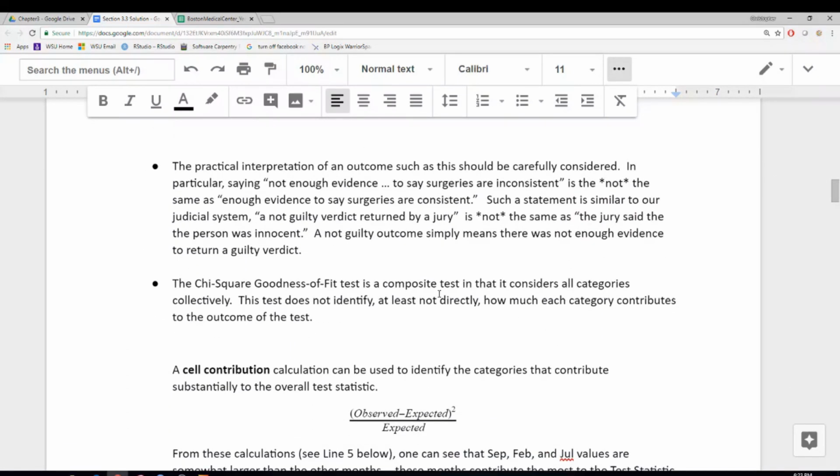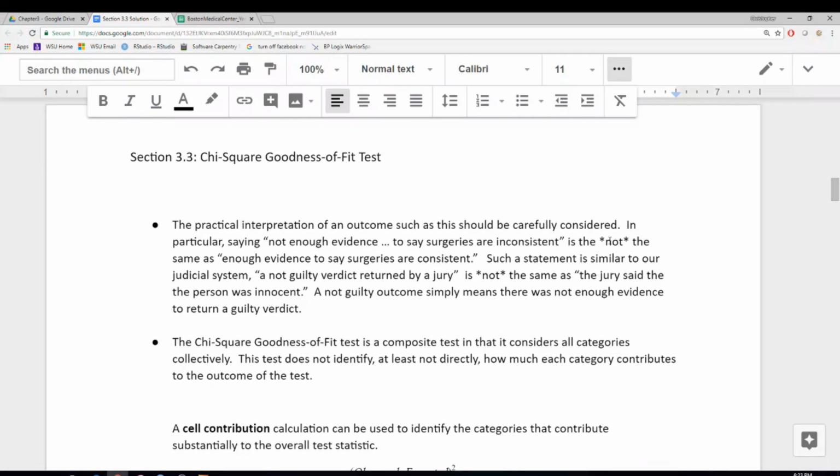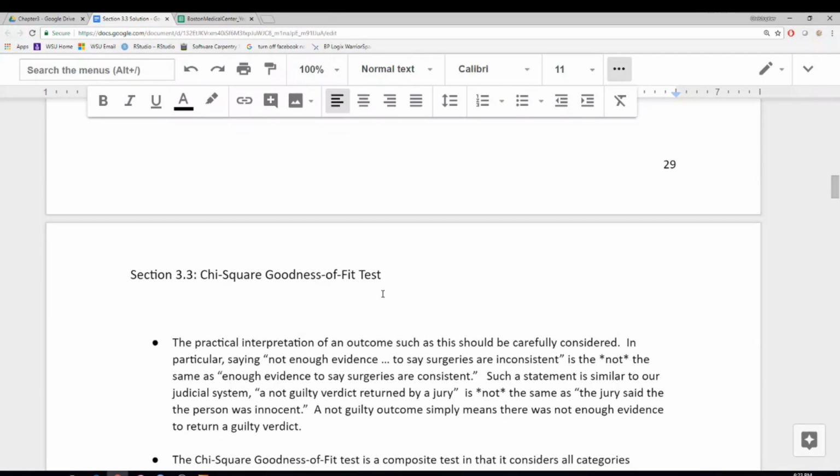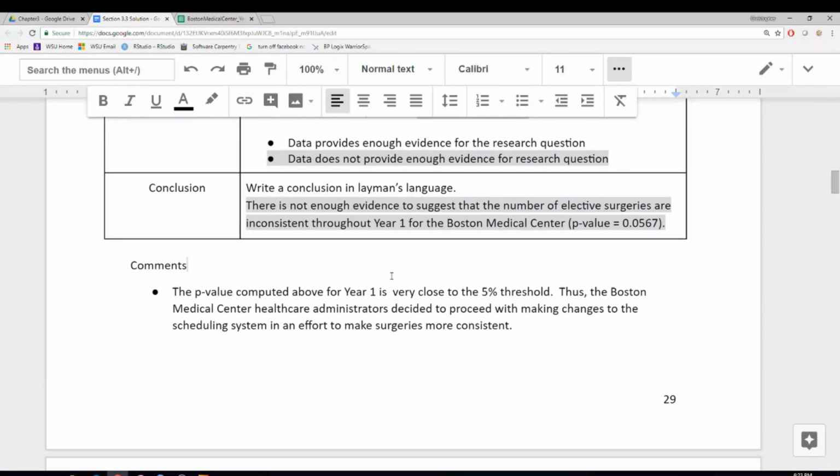Other comments. The practical interpretation of an outcome such as this should be carefully considered. We haven't talked about this yet, and I need to. In particular, when the statement is made that we do not have enough evidence to say the surgeries are inconsistent, that's the conclusion that we made up here.